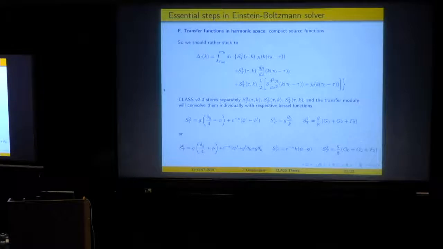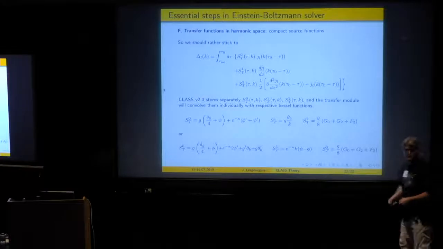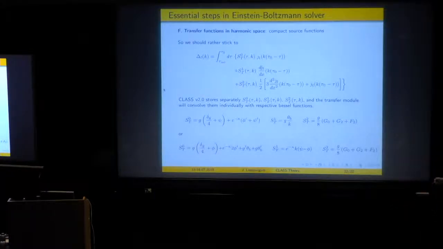And S2 is a very tiny correction too, coming from polarization. And all the terms here are extremely easy to evaluate from the integration over the differential equations. So this is the expression that you will find in CLASS, and don't be surprised if it has nothing to do with what we saw before for CMB.